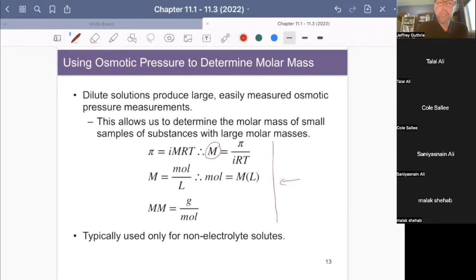If you know the volume of your solution, then you can multiply molarity by the volume of the solution. That ends up giving you only moles. And then you'd have to have some information about how many grams of that solute you used to determine that osmotic pressure. And then we just figure out what our grams per mole is.